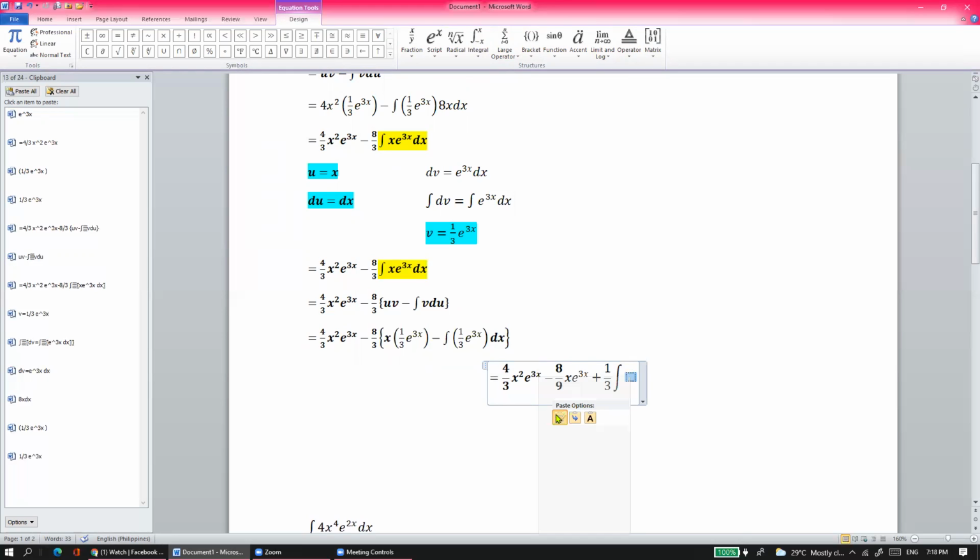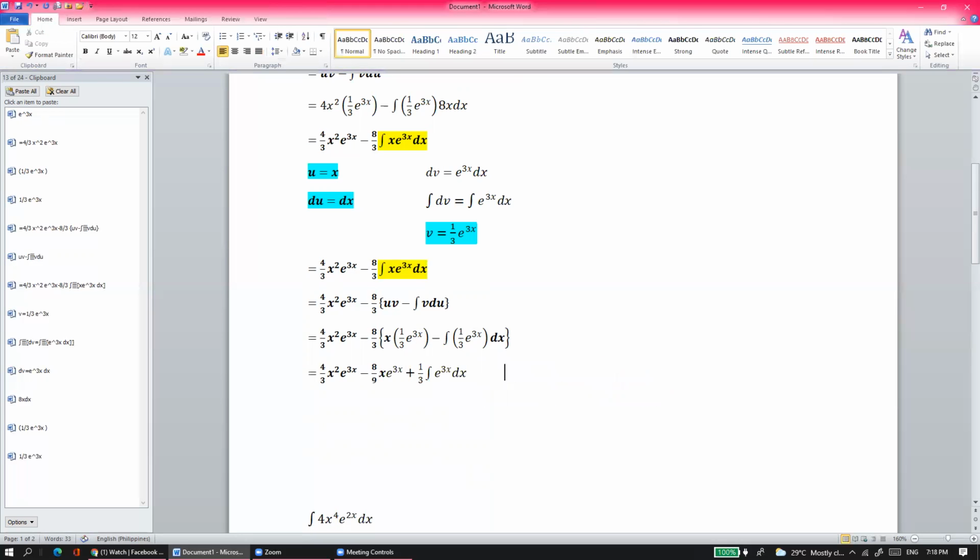Hanggat hindi naubos ang integral symbol, hanggat nakikita natin, we never stop integrating and doing it by integration by parts in this particular situation. And since the last term natin, kitang-kita na, wala ng x.